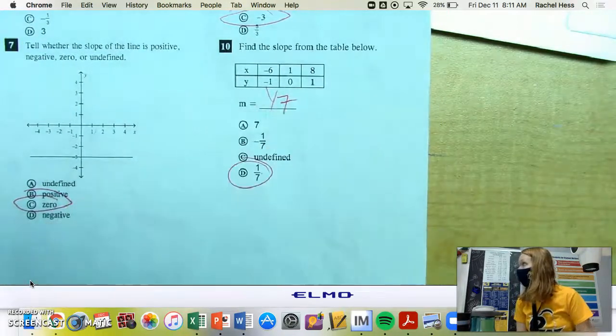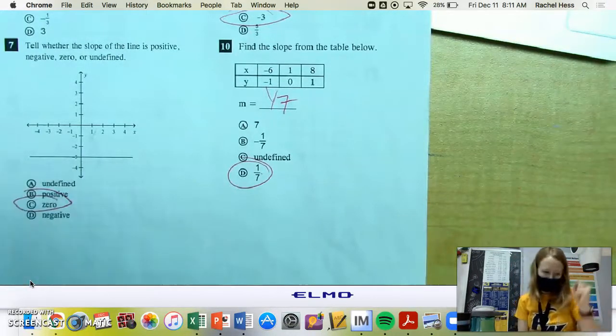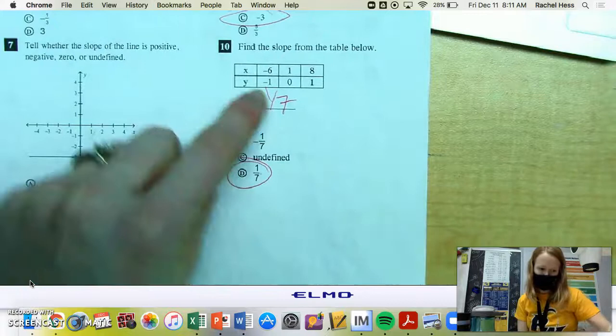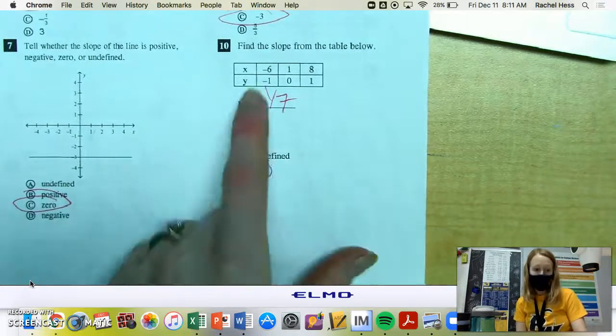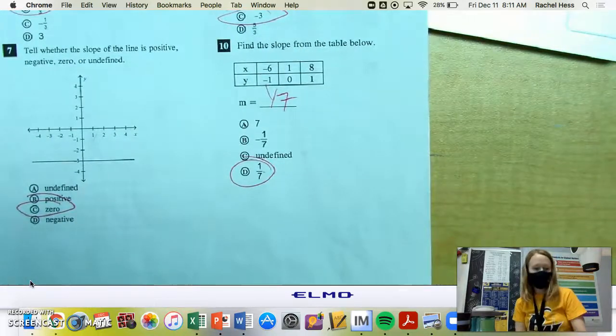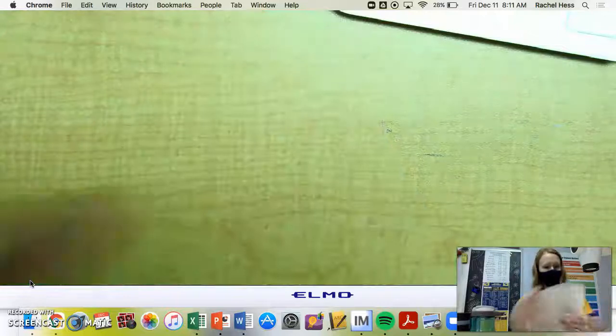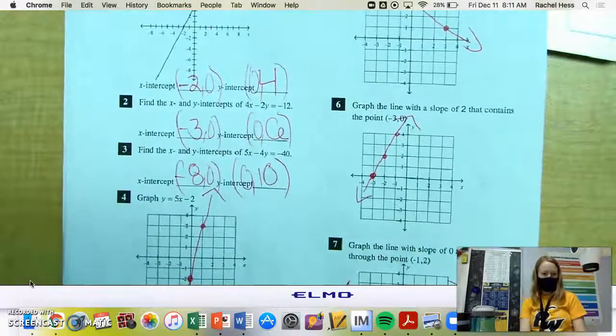Most of you will put your slope upside down. It has to be y over x, which means your table is sort of upside down from your slope, right? The change in y is 1, and then the change in x is 7, so it needs to be 1/7.